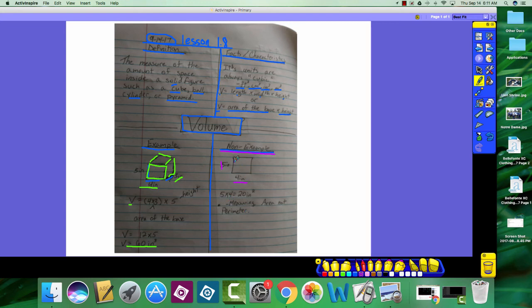If I want to find the space inside this shape, I'm finding the area because it's only a 2D shape. So I multiply my length times my width, 5 times 4 equals 20 inches squared, or 20 square inches. So I'm measuring area, not perimeter, and I'm not measuring volume. So measuring area, maybe I should say not volume instead, so not volume.